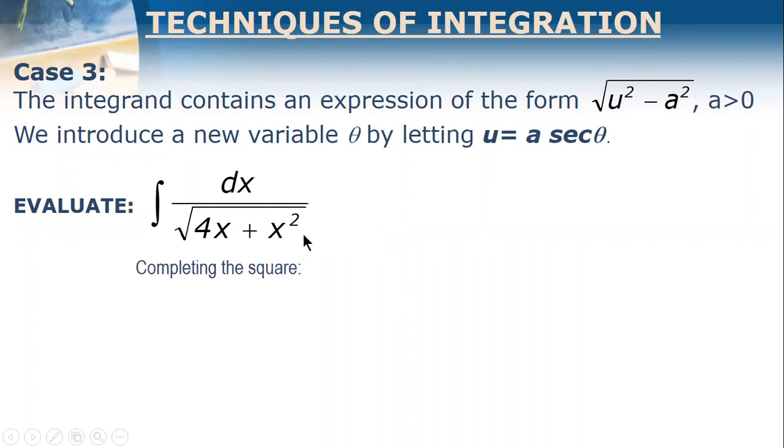Okay, so let us rearrange 4x plus x squared to x squared plus 4x. To have a perfect square trinomial, we need a constant term. To review, to get the constant term, all you have to do is divide the coefficient of the first degree term by 2, and then square it. So 4 over 2 is 2, squared you have 4.